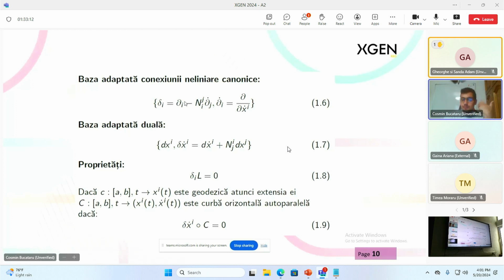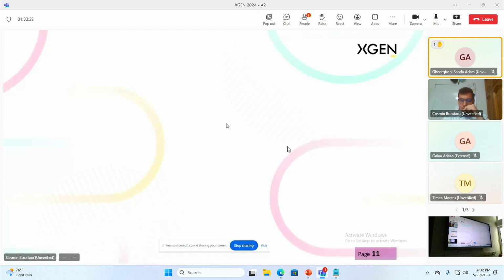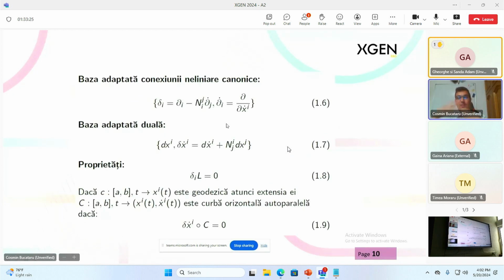So for that part, we don't need to change the vectors, but for the horizontal part, we must take control of the adapted basis, where we will use the δ_i basis vectors for the HTM, and this depends on the nonlinear connection.